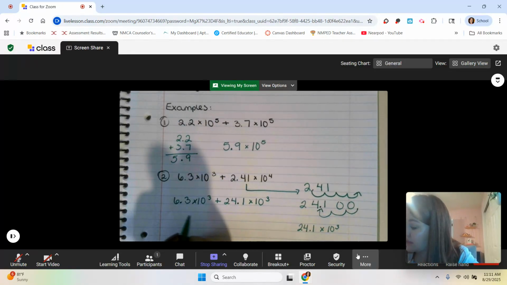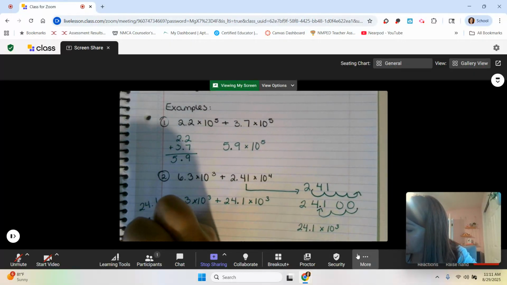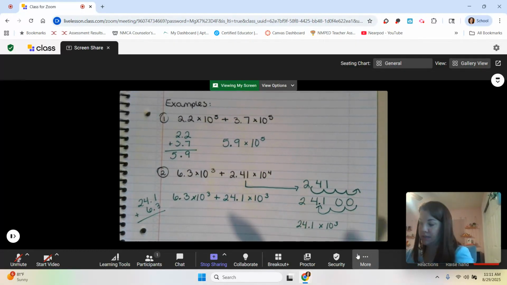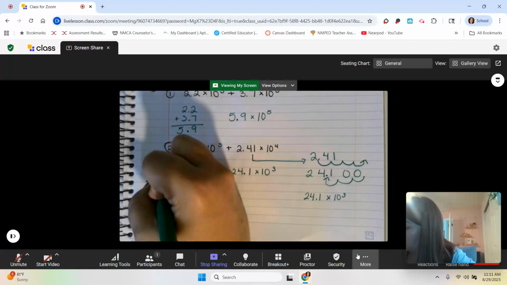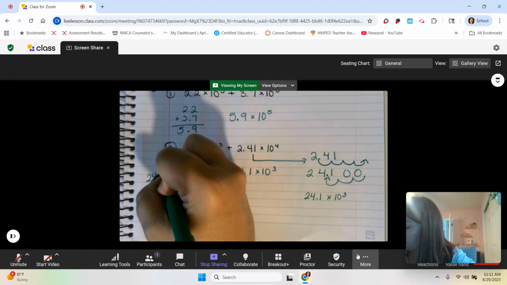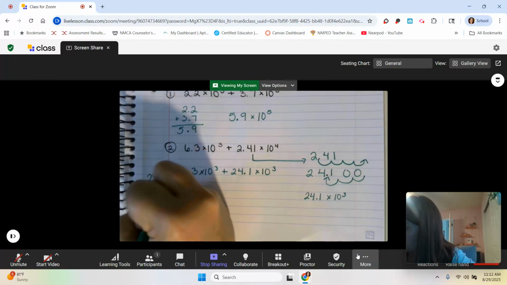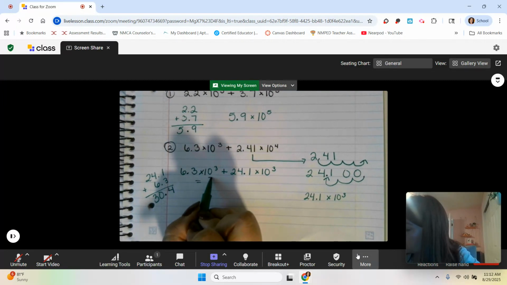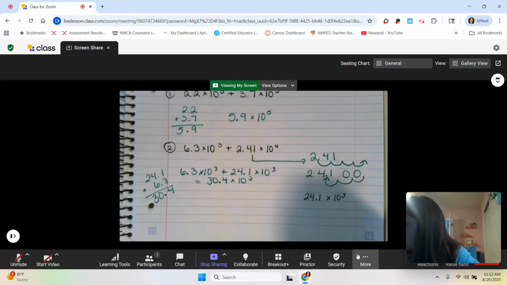So with that, off to the side, I'm going to do 24.1 plus 6.3. I should have given myself more room on my paper. I didn't, though, so I'm kind of squishing stuff in here. Line up my decimal, put it straight into my answer. 1 plus 3 is 4. 24 plus 6 is 30. So right now I have 30.4 times 10 to the 3rd.